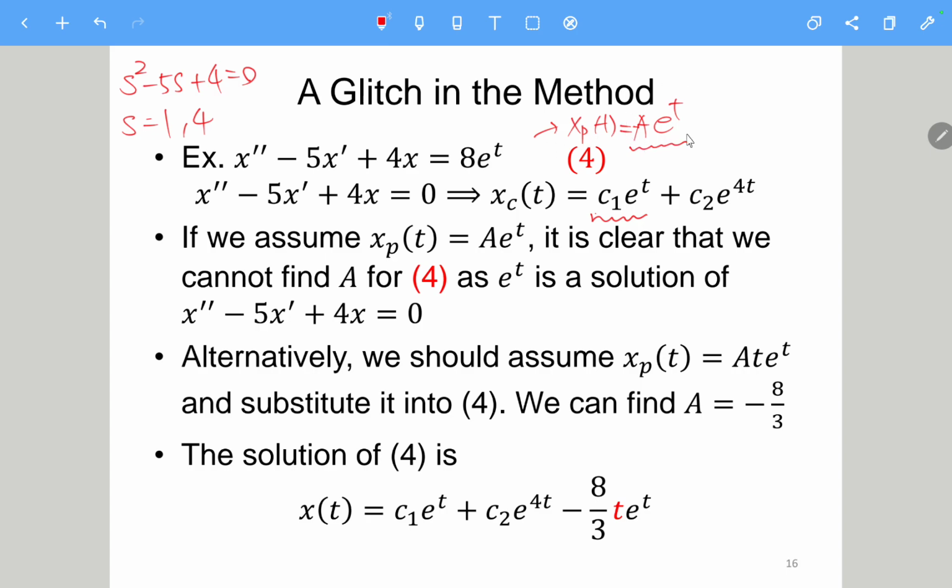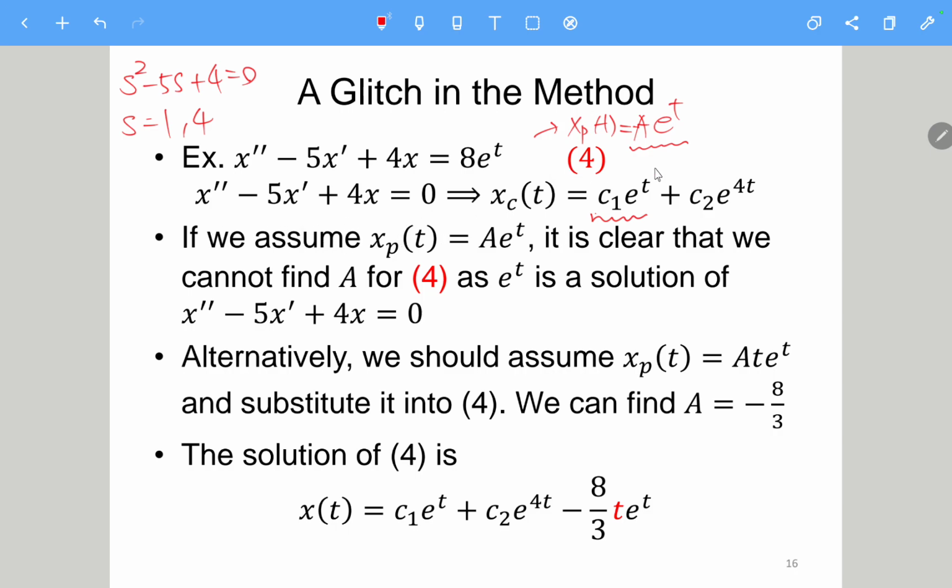This one gives you 0, and this one and this one are actually the same, so it will give you 0. Then you may not be able to find a such that the left side is 8 times exponential t. So this is a problem.